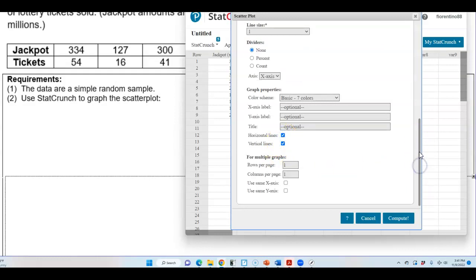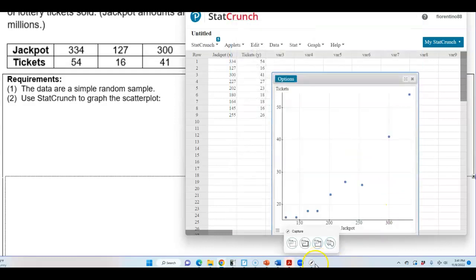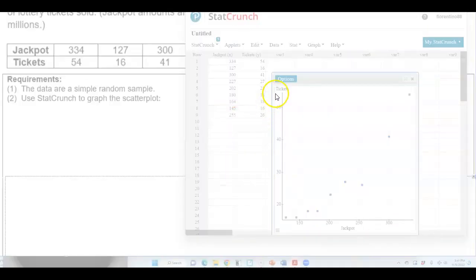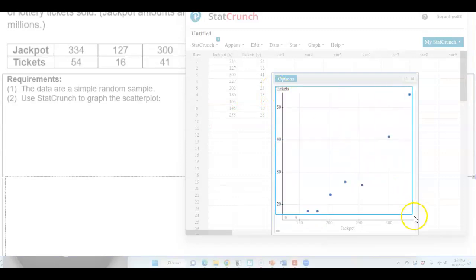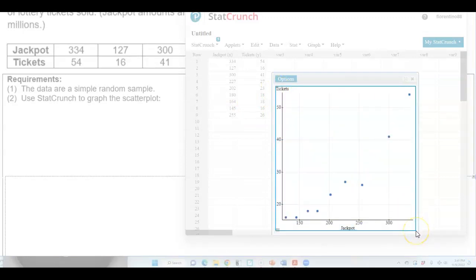Let's label the x-axis: the x-axis label is going to be the jackpot, and the y-axis represents the tickets. So let's go ahead and compute, and there is our scatter plot.